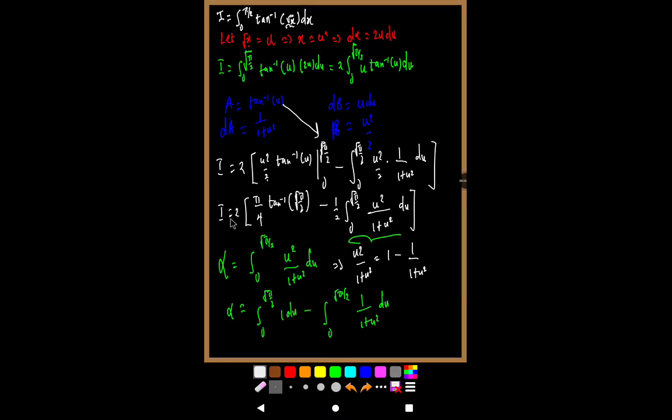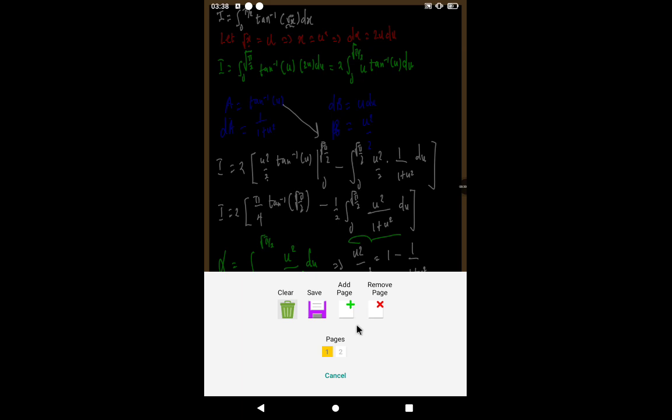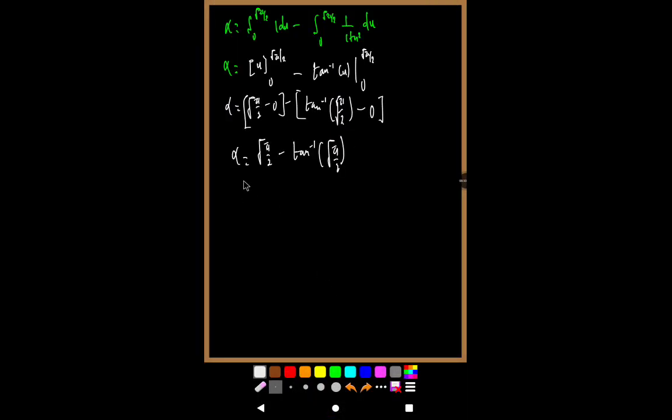This is where we have I equal to 2 into the bracket pi over 4 multiplied by arctan of root pi over 2, then minus half of alpha, which is square root of pi over 2 minus arctan of square root of pi over 2.